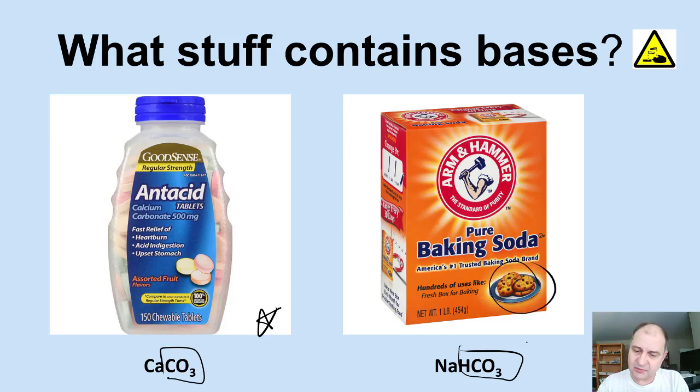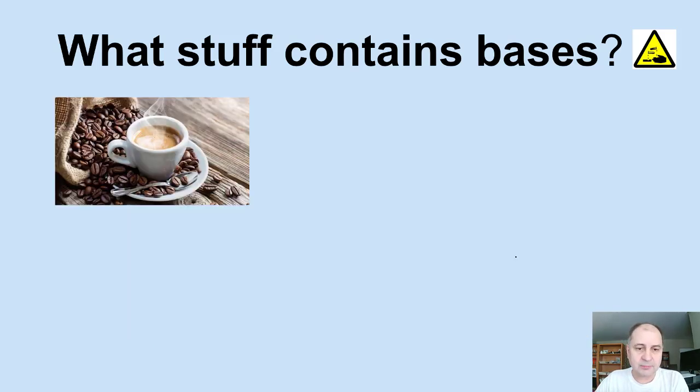So what happens is you have, and this goes back to first semester, if you add an acid to that in a neutralization reaction, you don't just get water, you also get carbon dioxide. And so it's the carbon dioxide that rises. It's a gas, and that makes your batter rise, and that's why we use baking soda for cooking.